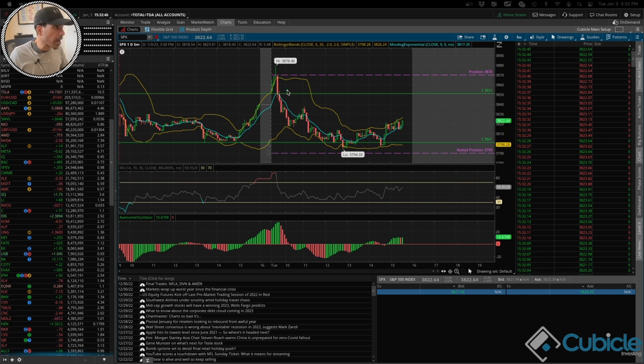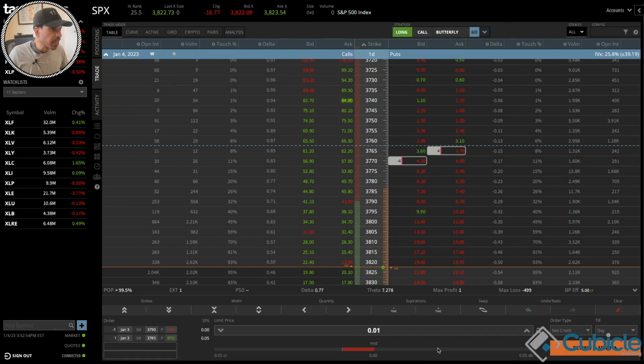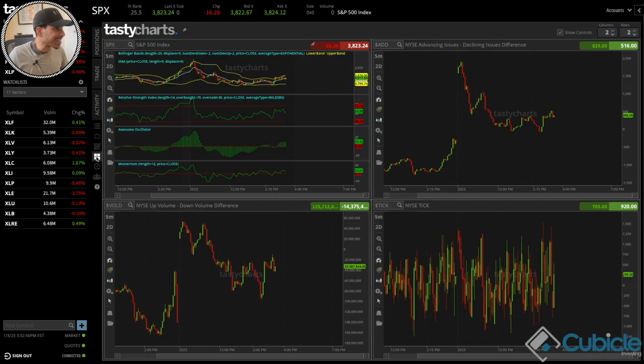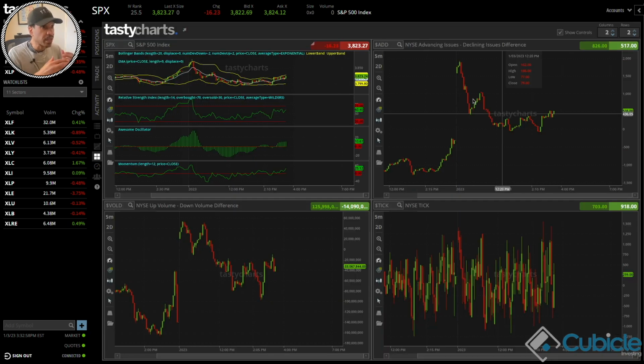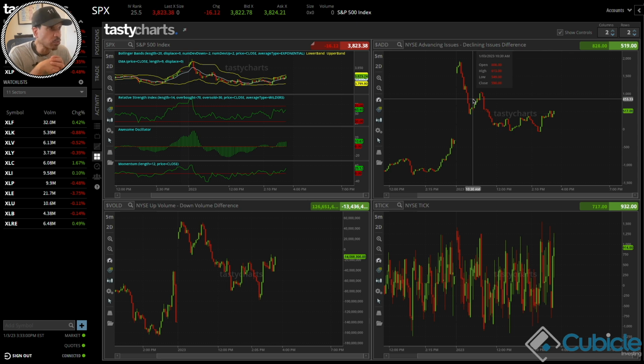All right, so the first 15 minutes, the market was on an uptrend. And also looking at the advancing declining indicator, it was close to 2,000. As you can see here, the high was 1925.